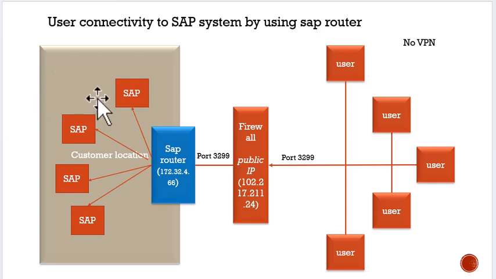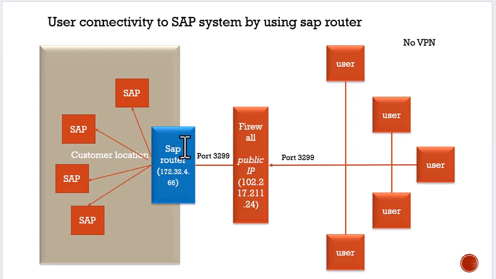If you see here, let's consider this side a customer location. You have different flavors of SAP systems in the customer location. On top of that, you have a component called SAP router, which will have some IP address. I've just given a random example here.